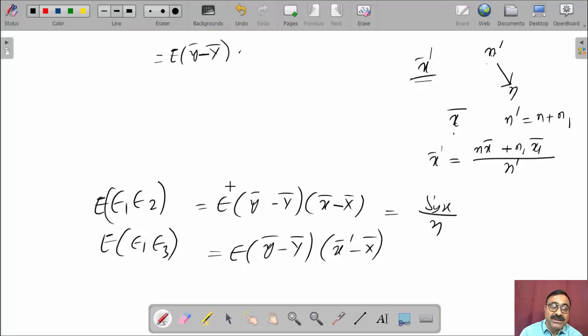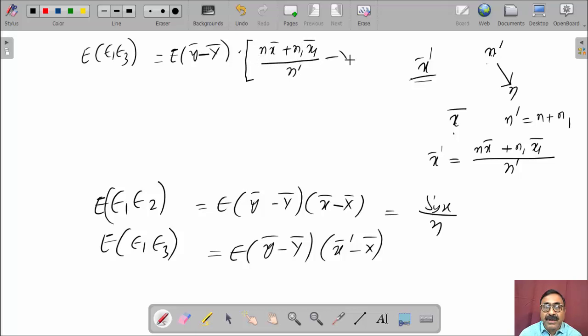Using this in place of x bar dash, we get expectation of epsilon 1 epsilon 3 equal to this into, in place of x bar dash we take (n x bar plus n1 x1 bar) divided by n dash, minus X bar.